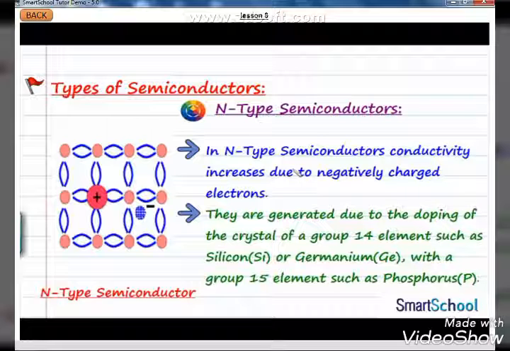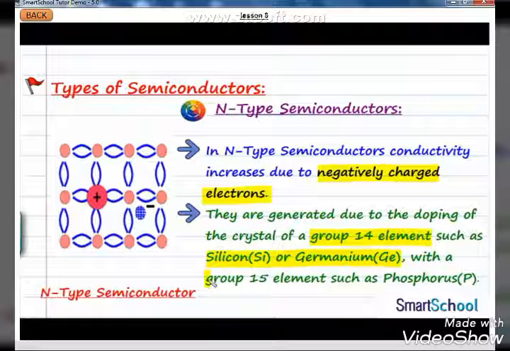In N-type semiconductors, conductivity increases due to negatively charged electrons, and they are generated due to the doping of a crystal of a group 14 element such as silicon or germanium with a group 15 element such as phosphorus.